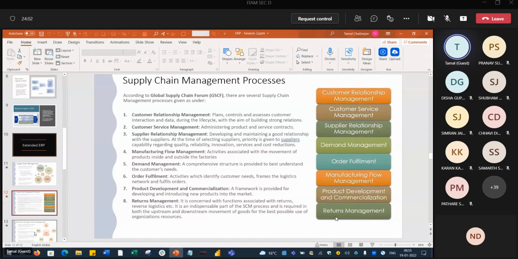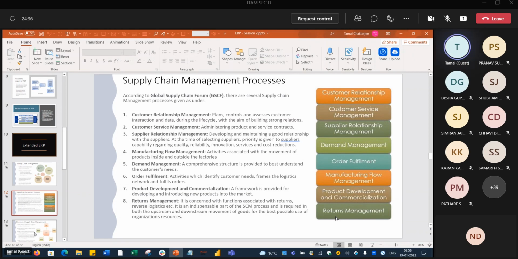So return management is a headache or pain point for all supply chain organizations these days. In the global supply chain forum, previously it was 7 points, now it is 8 points. Return is one of the major bottlenecks for all supply chain companies.